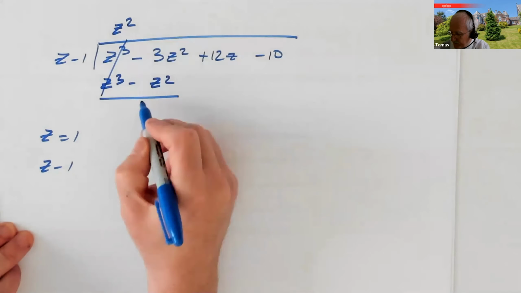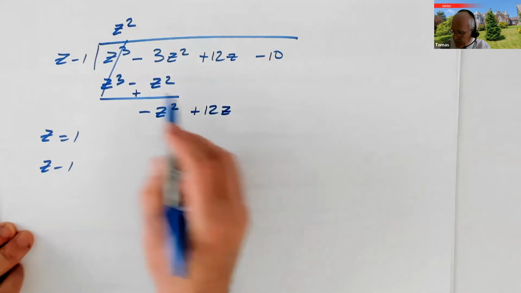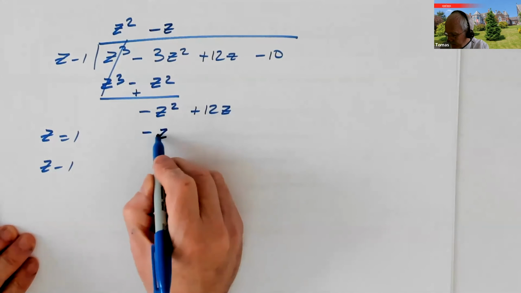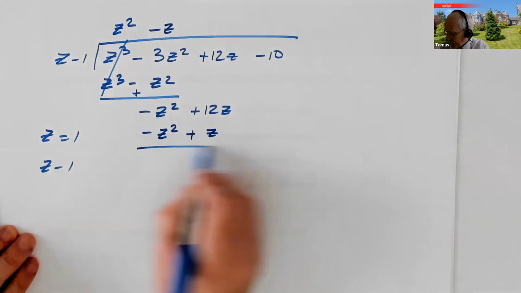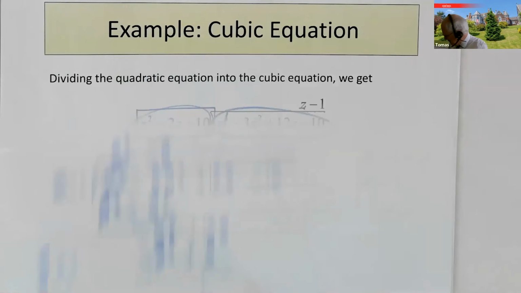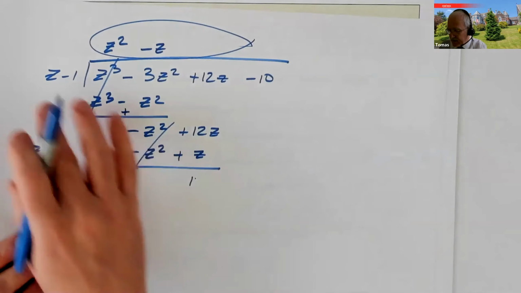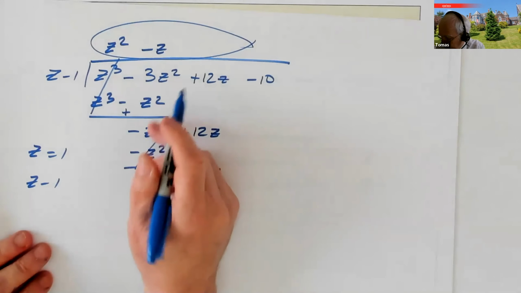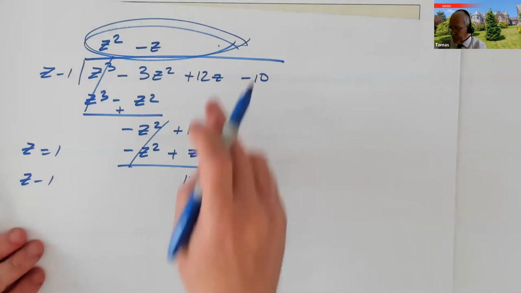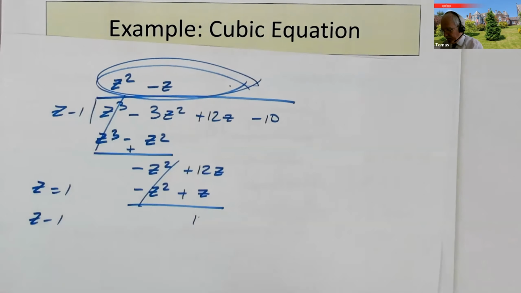They cancel, leaving minus z squared plus 12z. How often does that go in? Then they cancel. Was it 10? Let's assume I should have got the right answer there. I'll check that. That would be the quadratic I get from dividing the one into the other.